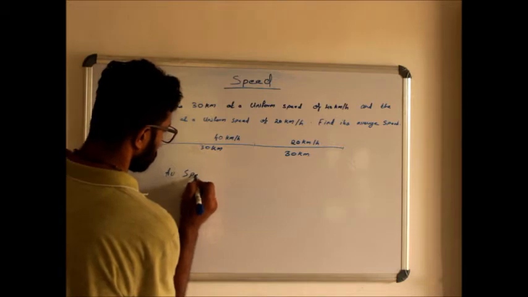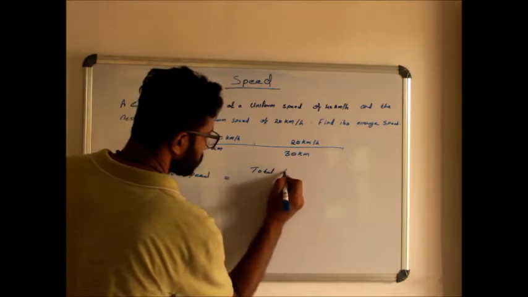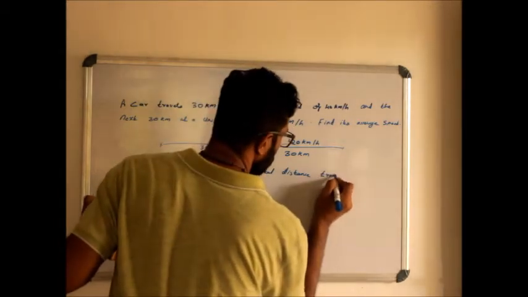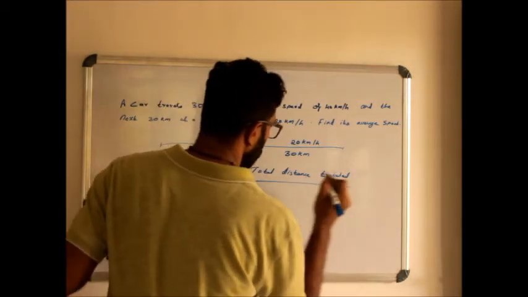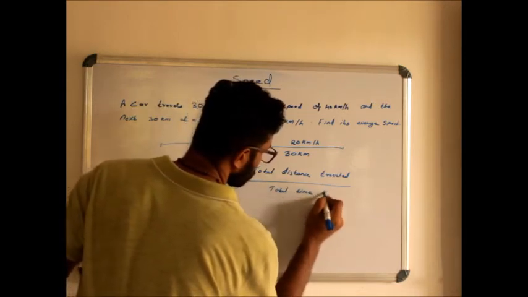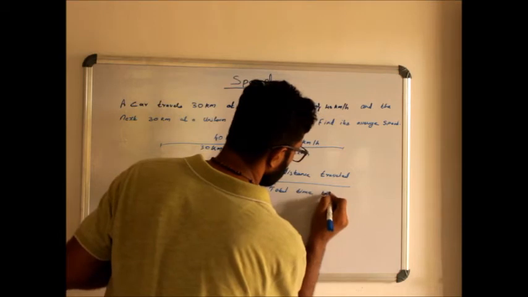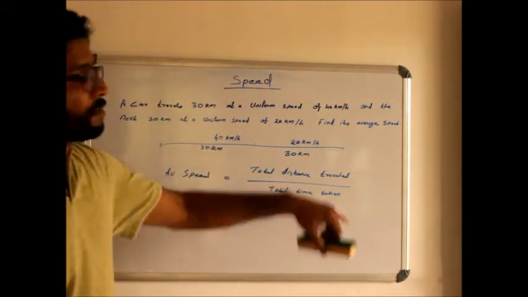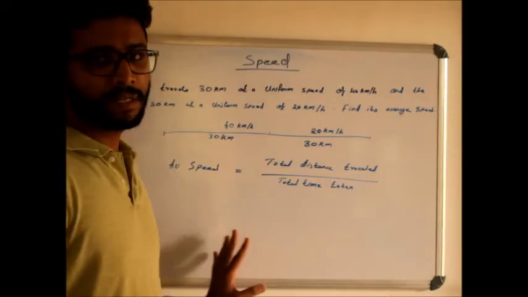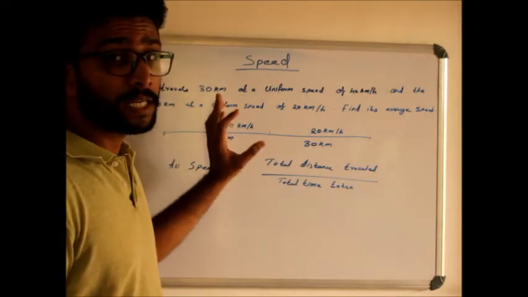Average speed is equal to total distance traveled divided by total time taken. That is the average speed. So when an object is traveling at different speeds, we are able to find its average speed.